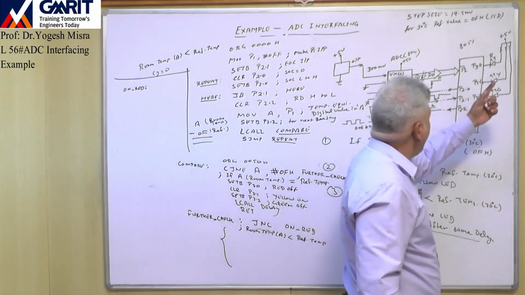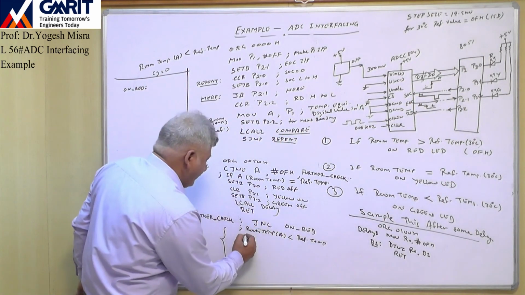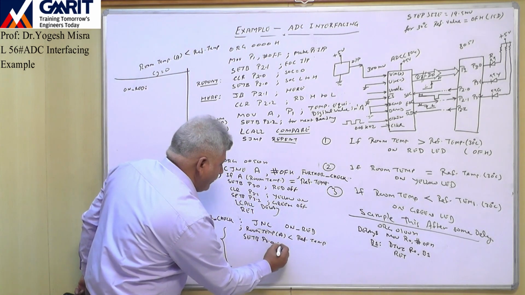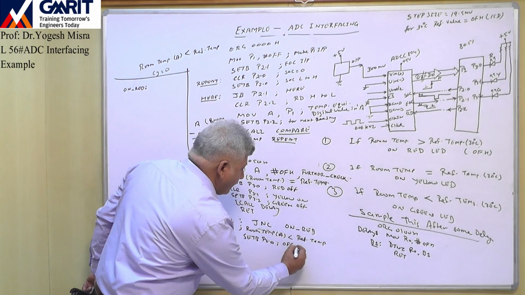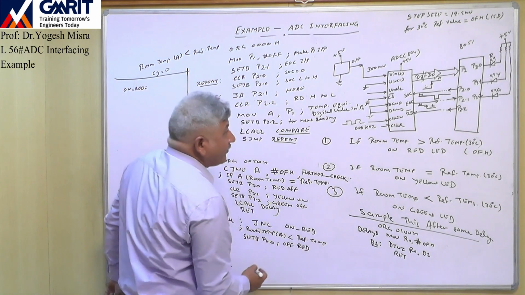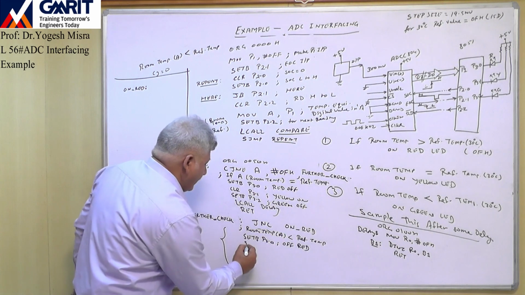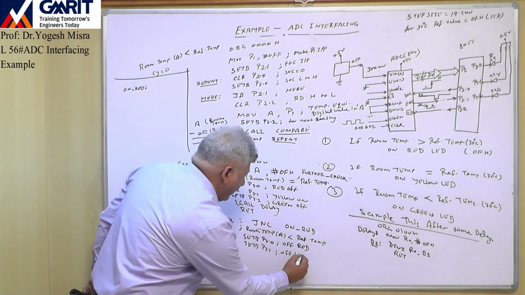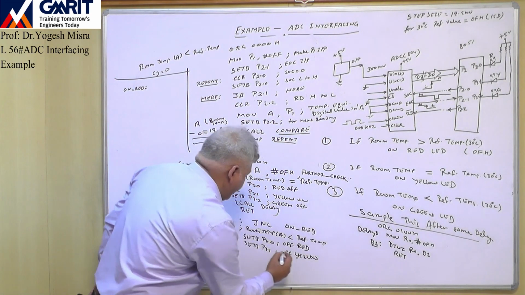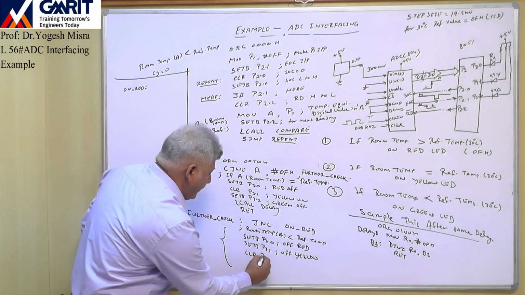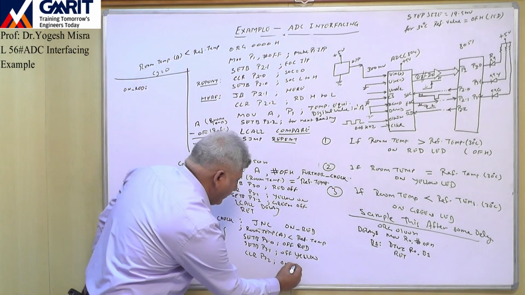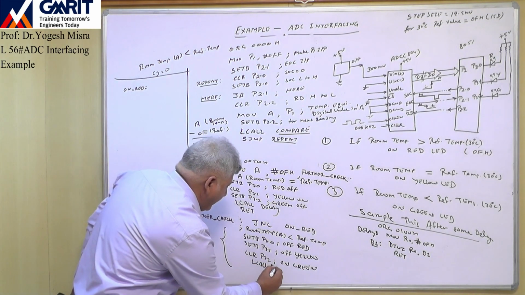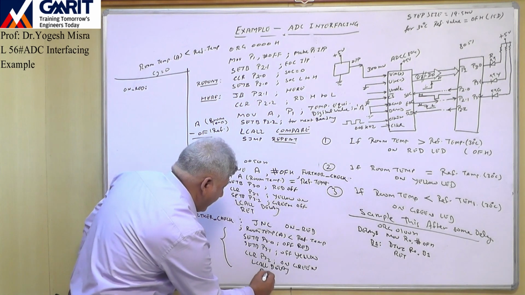The green LED has to be on and the remaining two are off. So we write the instructions to turn off: SETB P3.0 for red, then SETB P3.1 for yellow, then CLR P3.2 for green on. Then I will call delay and RET.